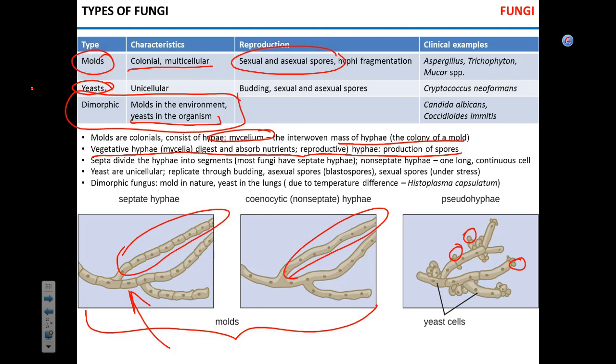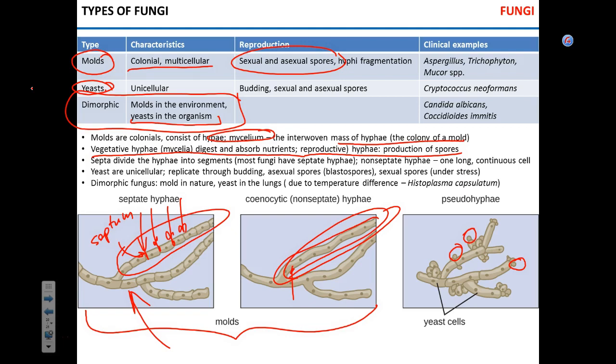Now, in some molds, hyphae are septate, so you see individual cells here, separated by septa. So that's a single septum. Or it can be non-septate, where septa are gone, and the hypha basically represents one gigantic multinucleated cell. Does that make sense?